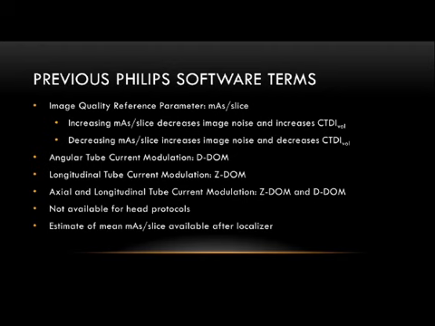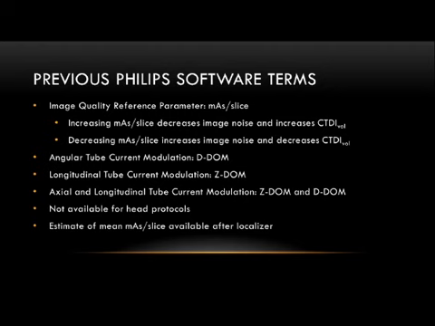It'll change stuff based on the comparison of the reference patient to have the same noise as that set mass per slice. Angular tube current modulation is called DDOM, and longitudinal ZDOM. The two combined together are ZDOM and DDOM. Angular tube current modulation, to the best of my knowledge, at least on this software system, is not available for head protocols on this Philips system.